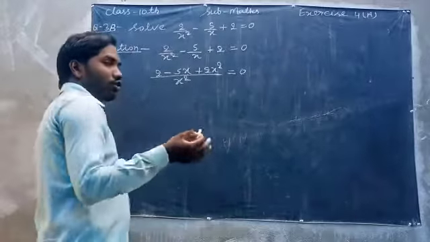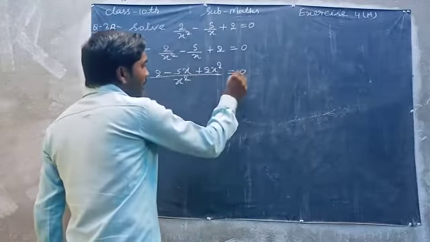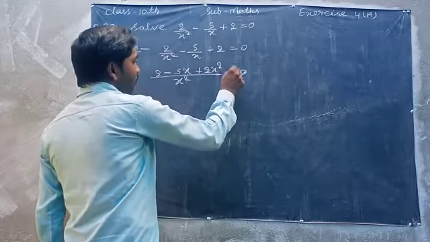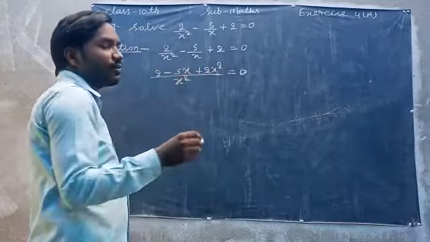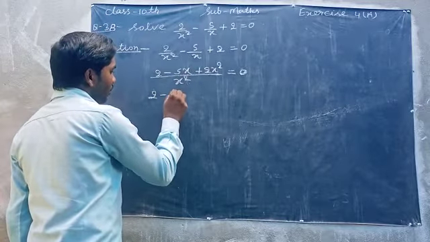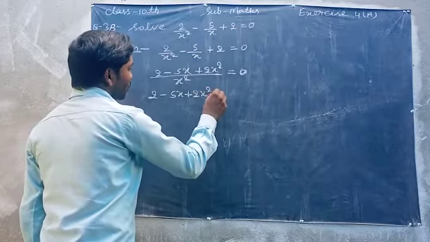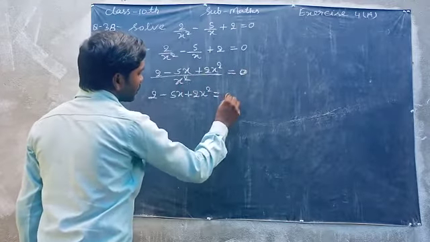Now, we know about cross multiplication. When we multiply x square by 0, this x square will be eliminated. So, here it is 2 minus 5x plus 2x square is equal to x square into 0, means 0.